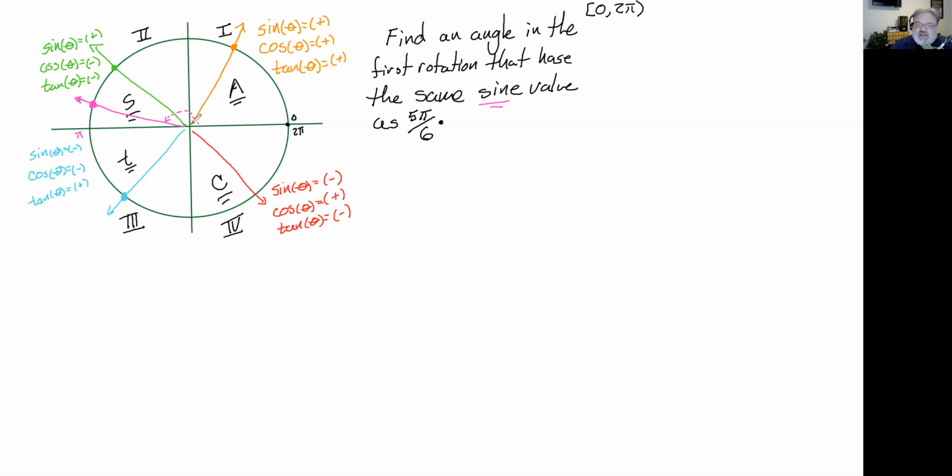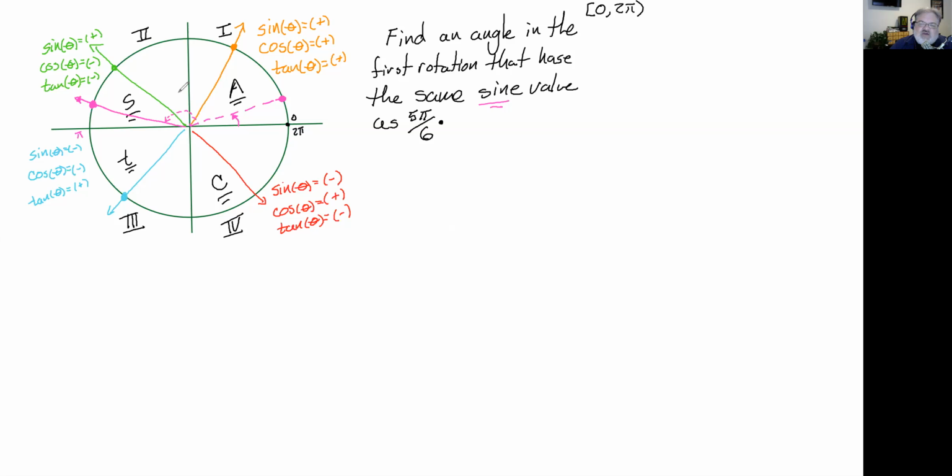So there's going to be an angle over here in quadrant 1 that has the same y value and by necessity the same radius because it's on the same circle as this one. So we should be able to, conceivably, find this angle, essentially the one that mirrors this angle.